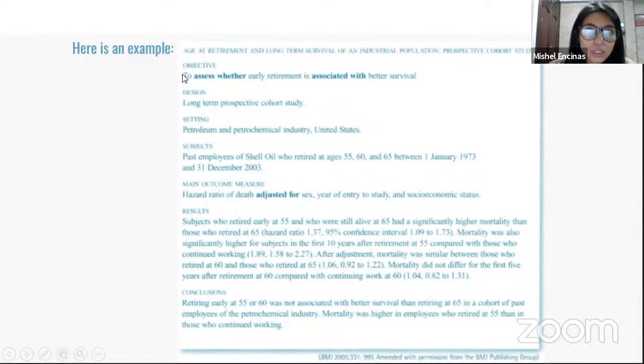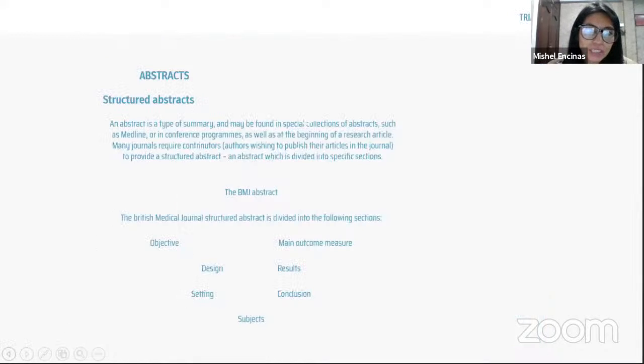So we have used the title, the objective, design, setting, subjects, main outcome measure, results, and conclusions, like we find here in the British Medical Journal structure with these sections.